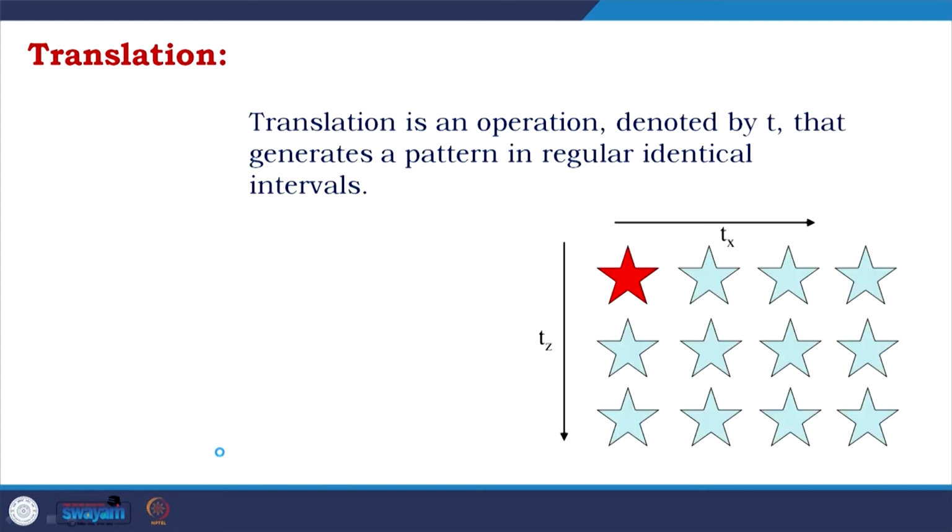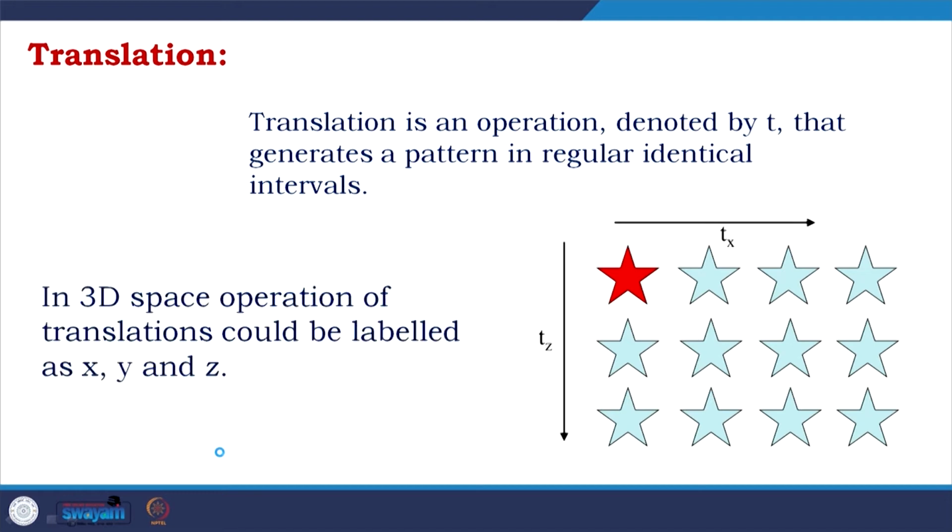Coming to translation. Translation is an operation denoted by T that generates a pattern in regular identical intervals. So, if you see, you go here, suppose this is the distance in the x axis, if I say x1, the same distance in the crystal.